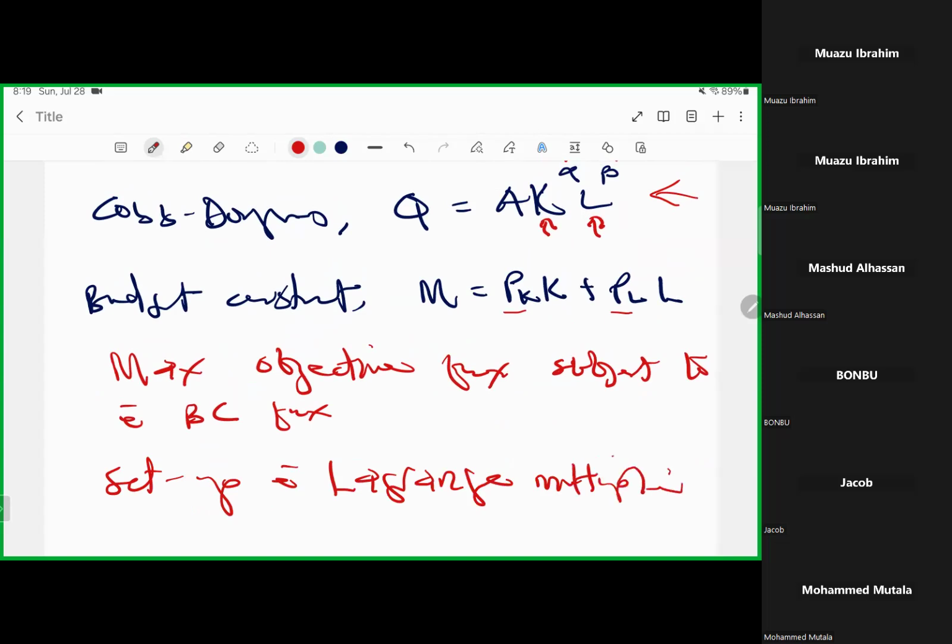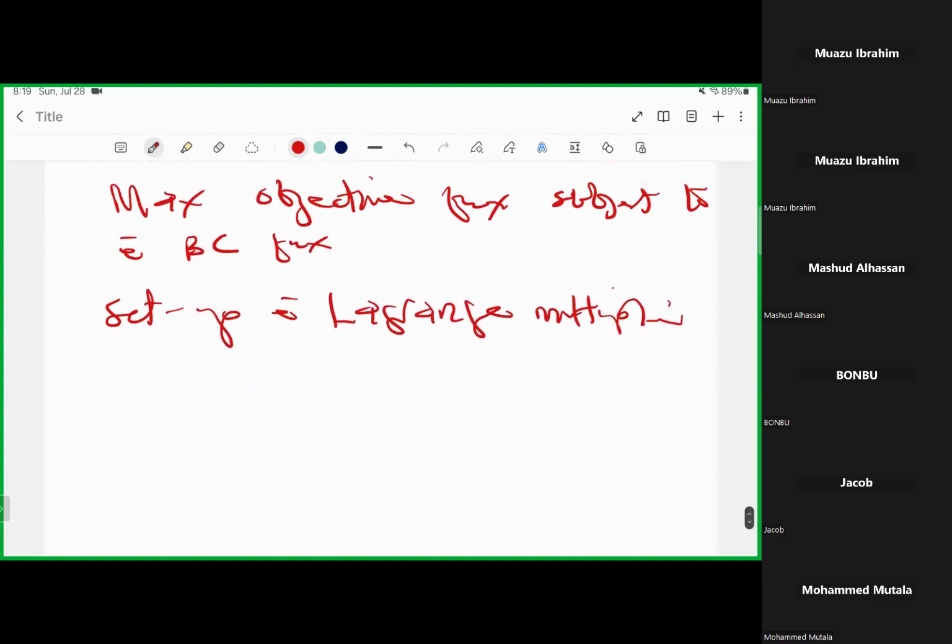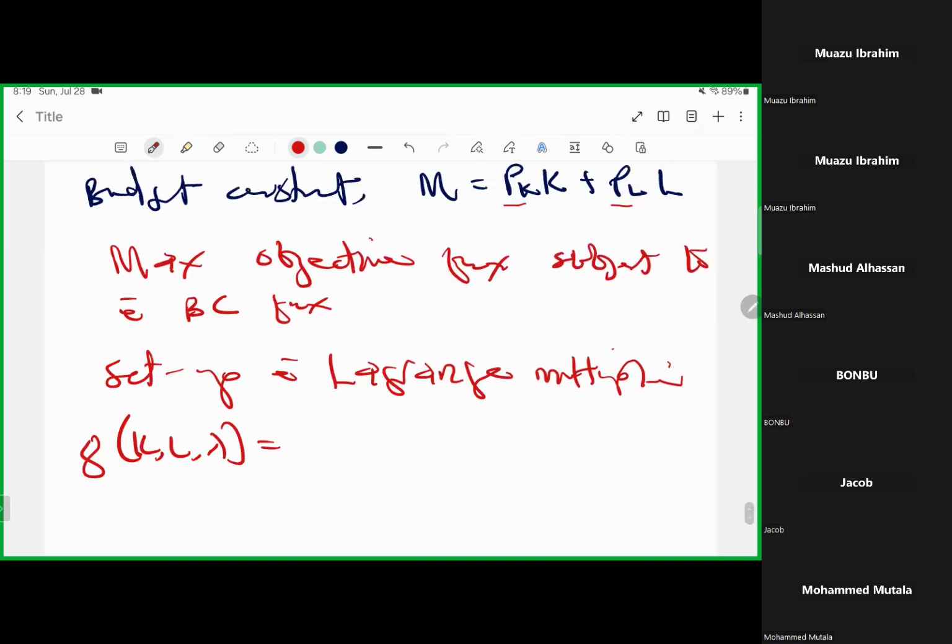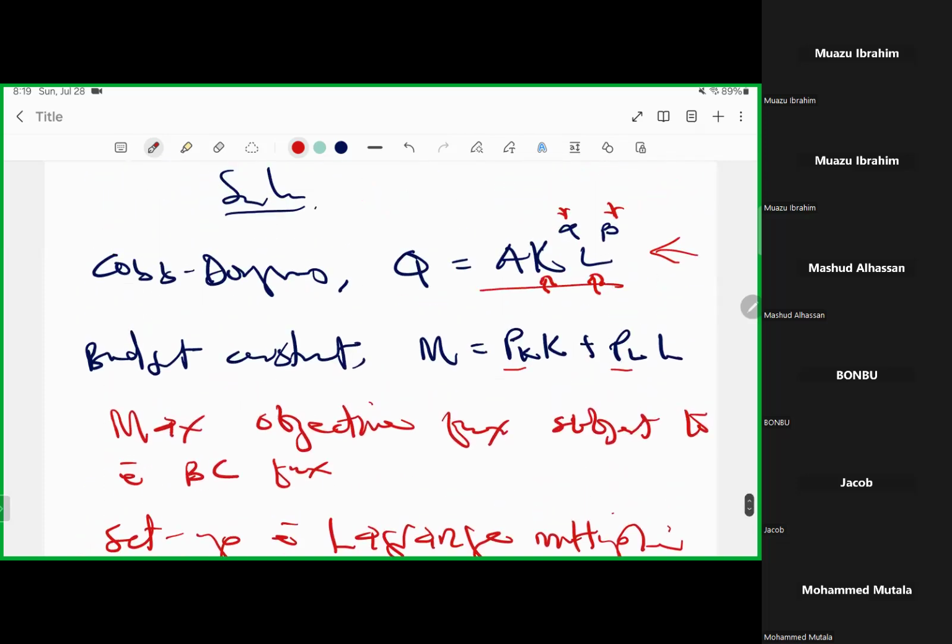And how do we set up? Remember, the first step is to set up the Lagrange function. We set it up by saying G, there are three unknowns, K, L, lambda, which is equal to what? The objective function, which is here. Is that not it?